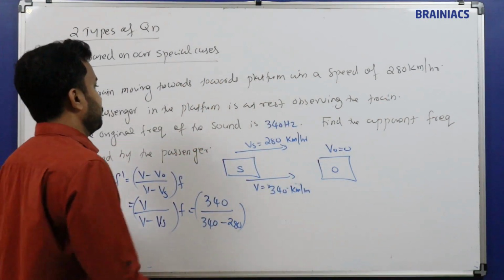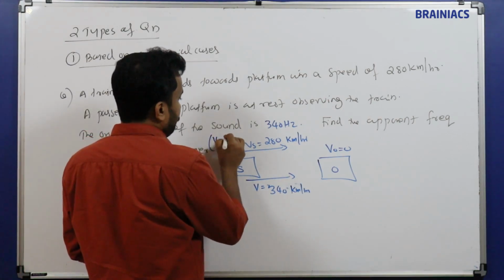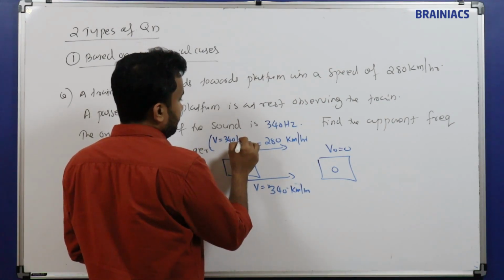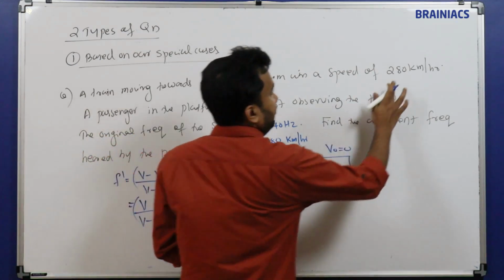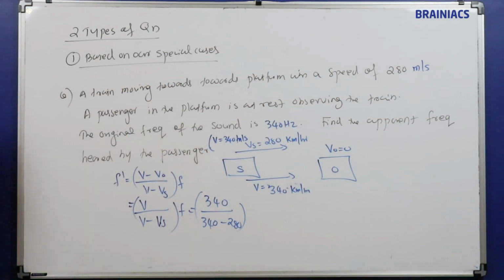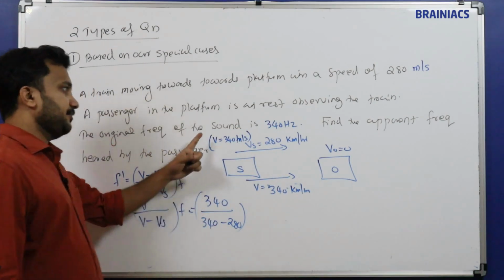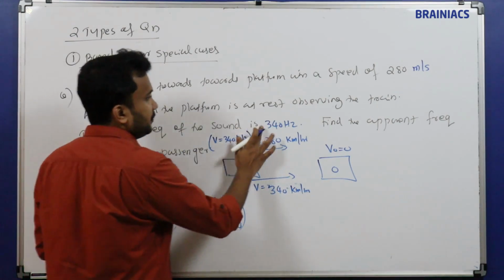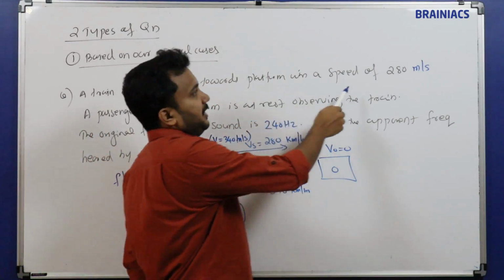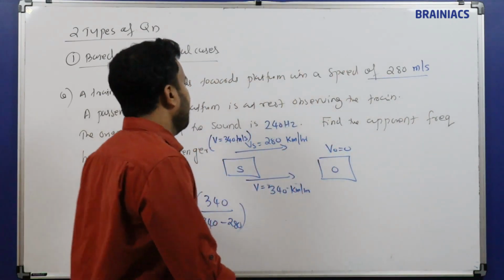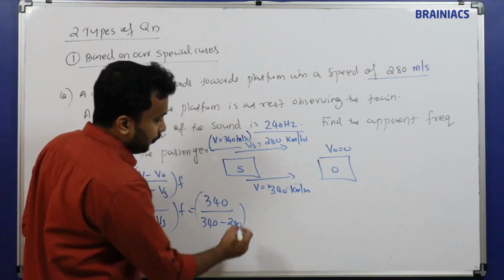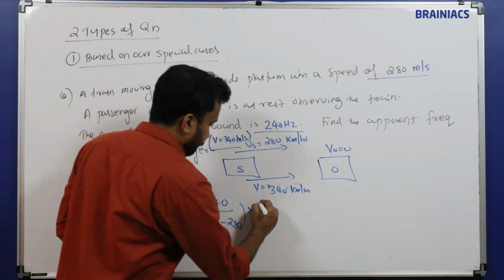Find the apparent frequency. V is equal to 340 meter per second. Sorry, write it in meter per second, not kilometer per hour. The train is moving at 280 meter per second, the velocity of sound is 340, and the frequency is 240. Sorry, the frequency is 240, please make the correction. So 340 divided by 340 minus 280 into the original frequency 240.